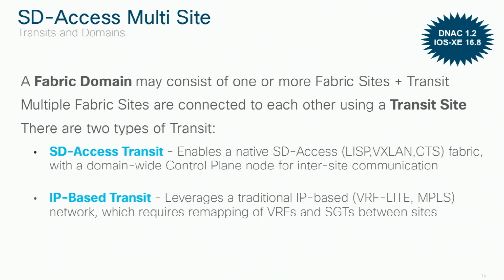And there are transit domains that are what we call IP-based transit, seen from an SD-Access border perspective as handing off the traffic to an IP network. That could very well be a traditional WAN, an MPLS set of circuits from a service provider, or basically a Viptela network at that point.